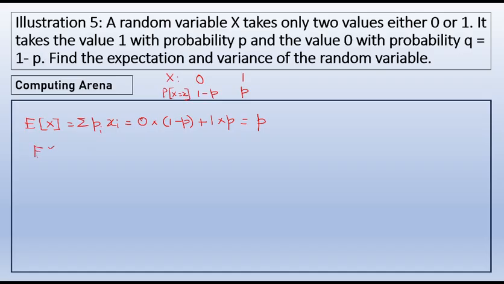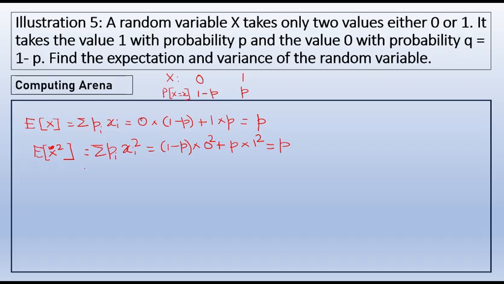The formula is summation pi into xi squared. So the first probability is 1 minus p multiplied by 0 squared plus the second probability p multiplied by 1 squared. So this is equal to p.